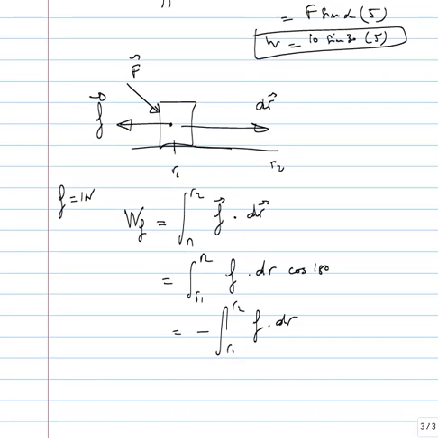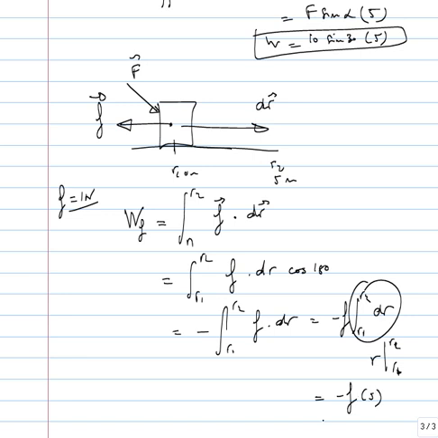Again, if F is given as 1 Newton, it is a constant, we can take it out. And our dr is nothing else than, say, 5 meters minus 0 meters, which is 5 minus 0, which is 5. And if F is 1, then the work done is minus 5 joules. So those are 3 common examples that we will see.